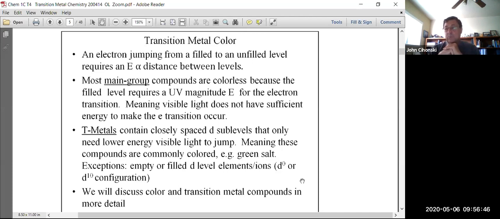I can think of some that were yellowish, but no greens, blues, oranges. But let's go back to the green salt. What did you do in that experiment? Well, you made the green salt whenever you added oxalate.